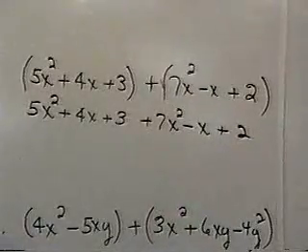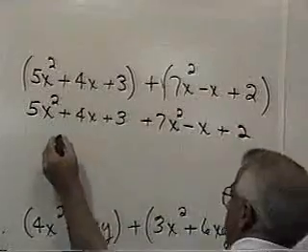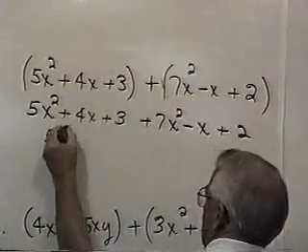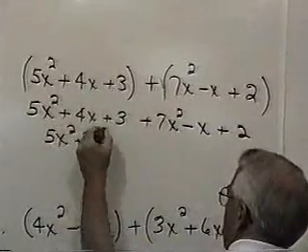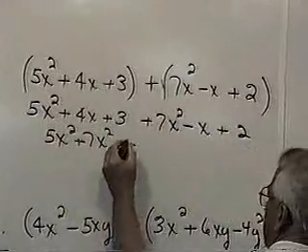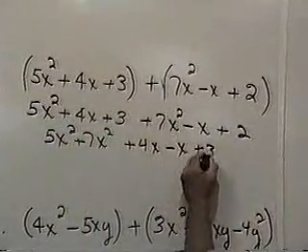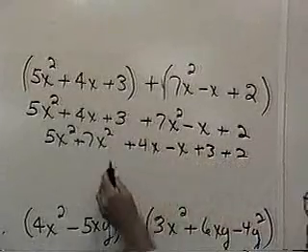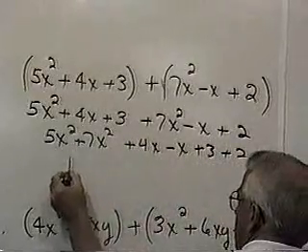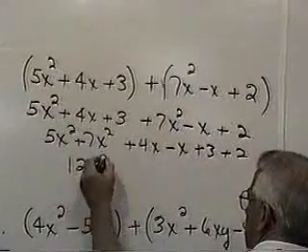All right, now we add apples to apples. We have a 5x squared and a 7x squared. And then we have a 4x and a minus x. And then we have a 3 and a 2. So adding the x squareds together, we get 12x squared.